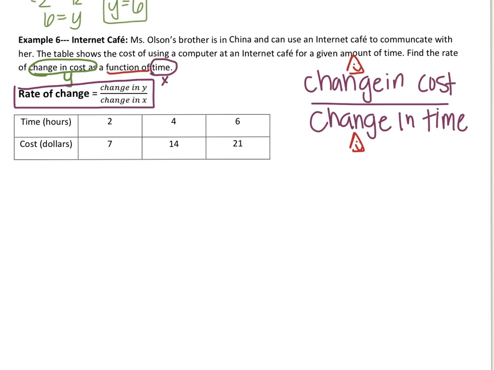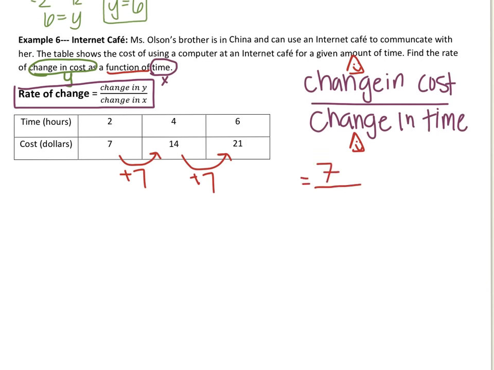So let's see here. What is my change in cost? What am I going up by each time? From 7 to 14, I am adding 7. 14 to 21, I'm adding 7 again. So my change in cost is going to be 7.